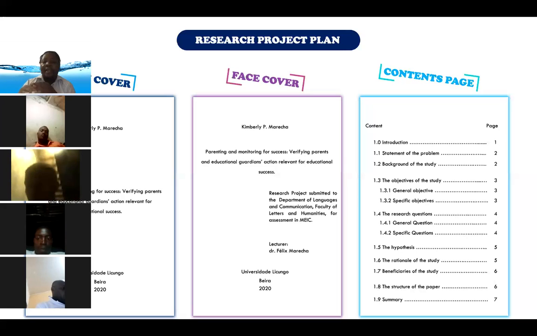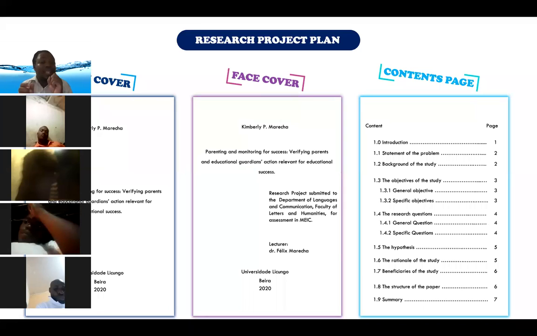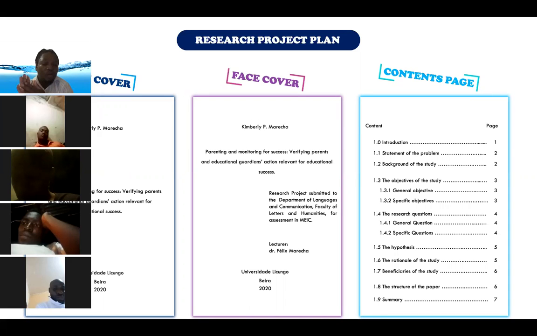So we have 1.3.1, general objective, which is just one general objective. And 1.3.2 will be our specific objectives. You may possibly have 2, 3, or 4 specific objectives for your research. It all depends on how you plan to do your work or what you intend to achieve.